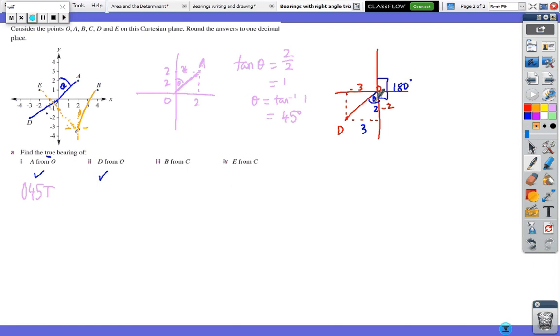So tan theta again equals opposite over adjacent, and we're going to 1 decimal place.